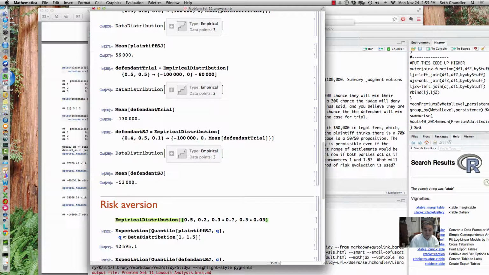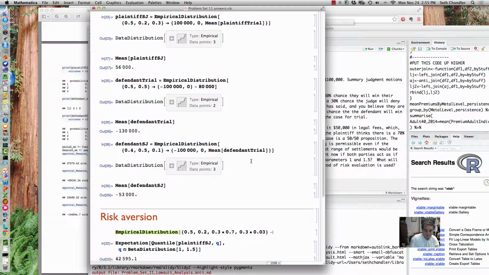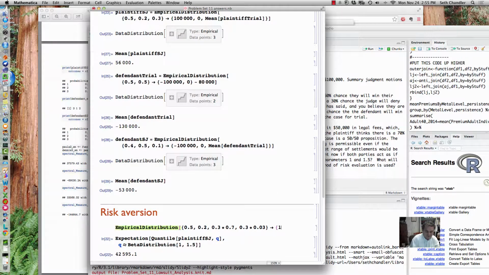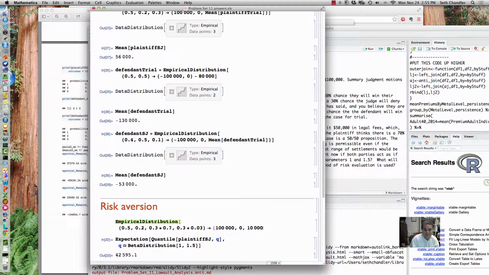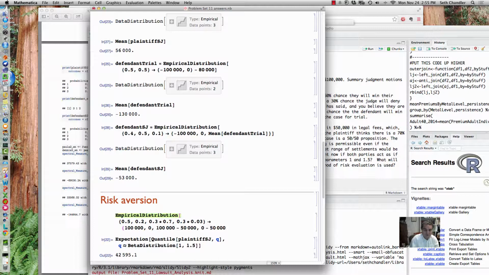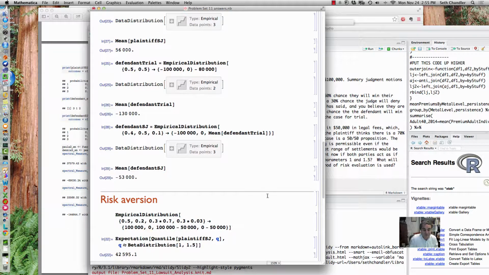And what are the outcomes then? The outcomes are I win $100,000. I get 0. I win $100,000, but I have to pay $50,000 to my lawyer, or I get nothing and I have to pay $50,000 to my lawyer. Okay?